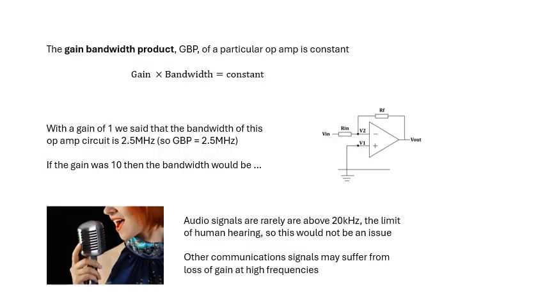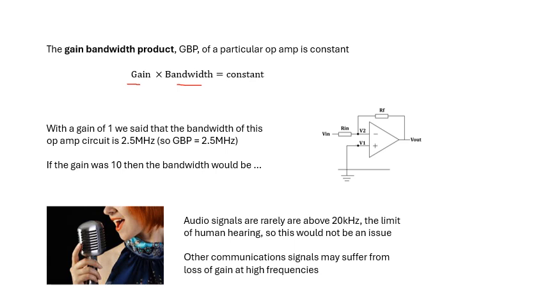When we're using an op amp in a circuit, like in an inverting amplifier, there's something we need to know called the gain bandwidth product, or the GBP. The GBP for a particular op amp is constant. The clue's in the name: it's the gain times the bandwidth, and that is constant.